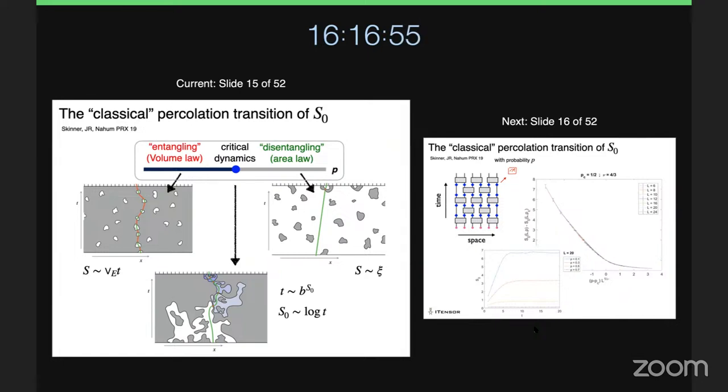Above the percolation threshold, there are just a few lakes here and there, and the minimal cut can just go home free, and in that limit, the entanglement is bounded by this correlation length. And in between, it turns out that entanglement grows like a log.